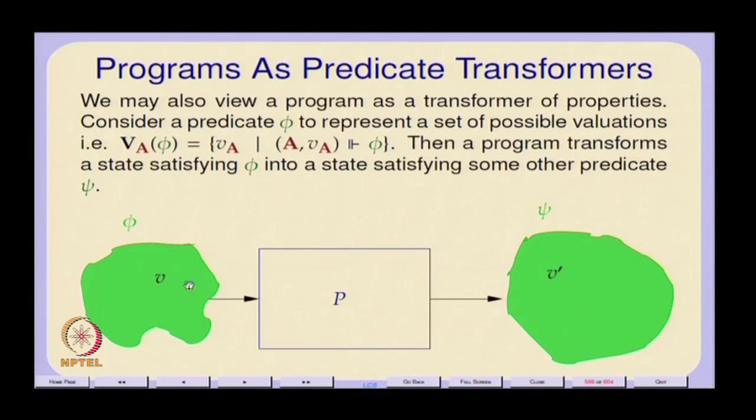However, we are taking this valuation from a subset of valuations which satisfy a certain property phi, and v prime would belong to the subset characterized by the set of valuations which satisfy the output property psi.